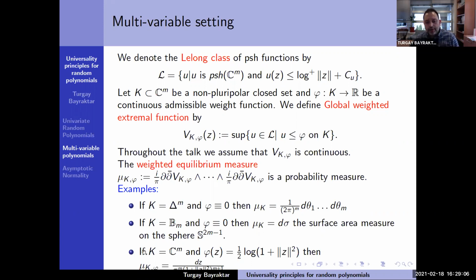So this is the higher dimensional analog of the elliptic ensemble. So it seems like this is the right setting because we have the generalizations of all the one-dimensional objects.